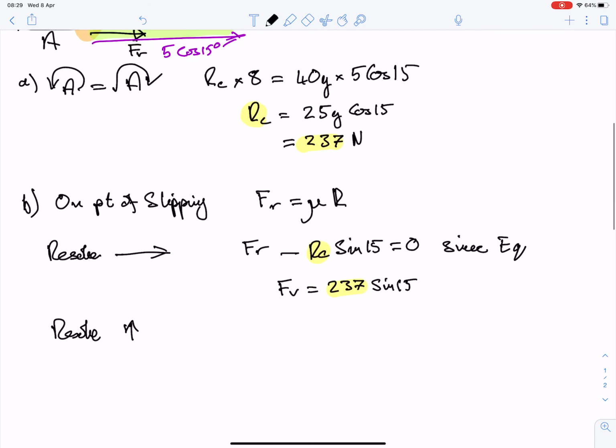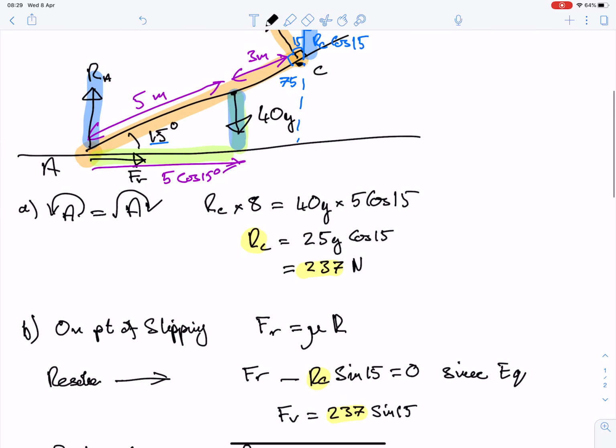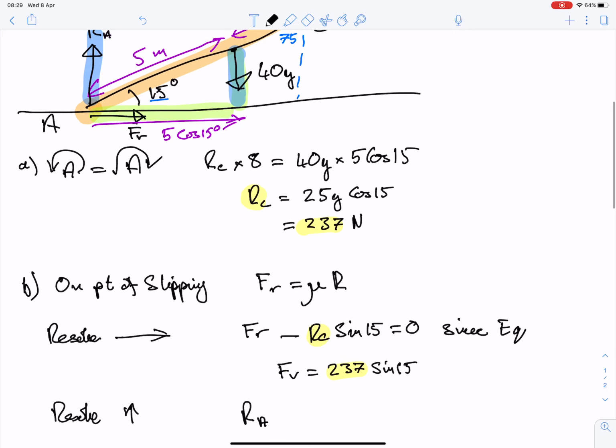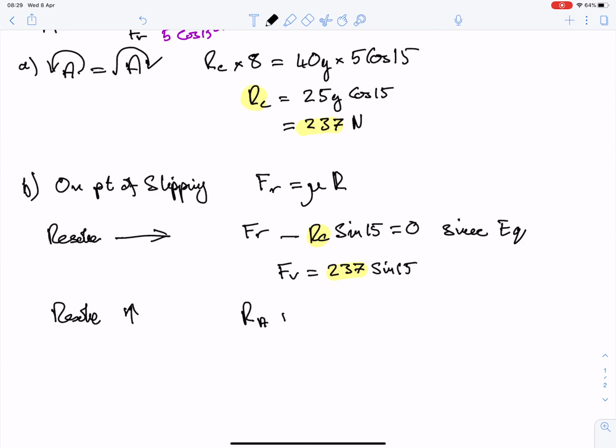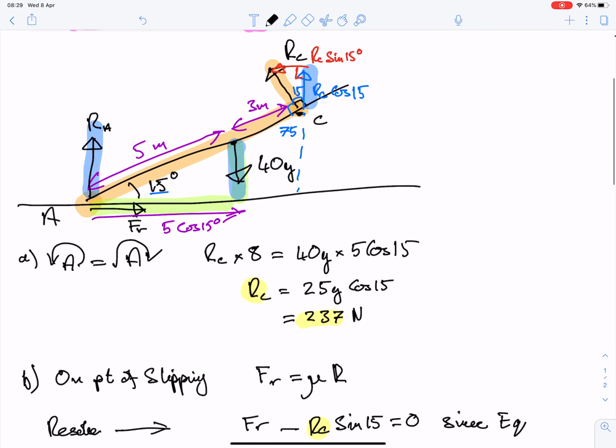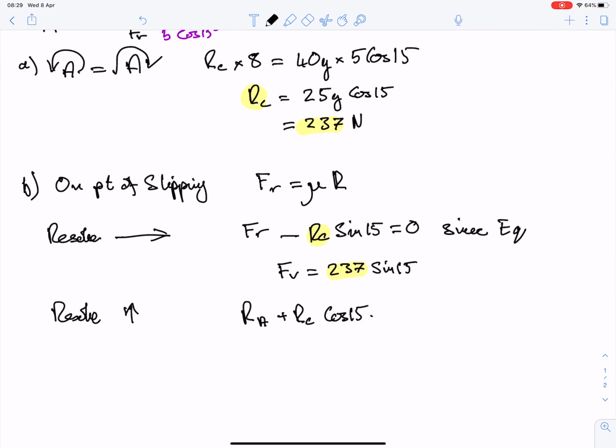So, RA, anything else up? Yes, RC cos 15 plus RC cos of 15 minus 40G is equal to 0.